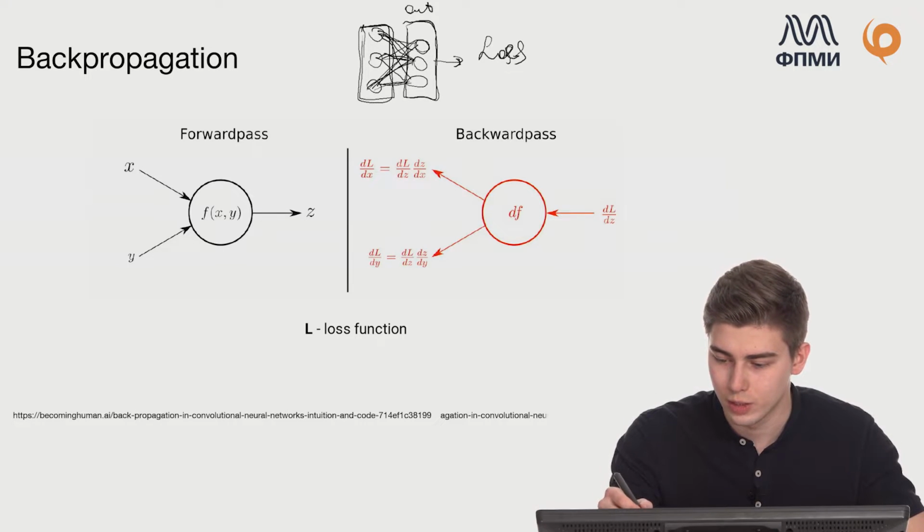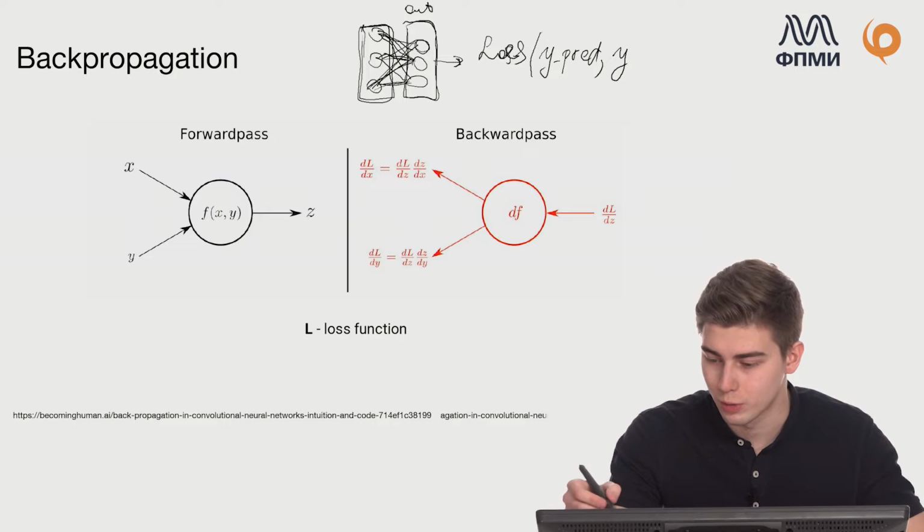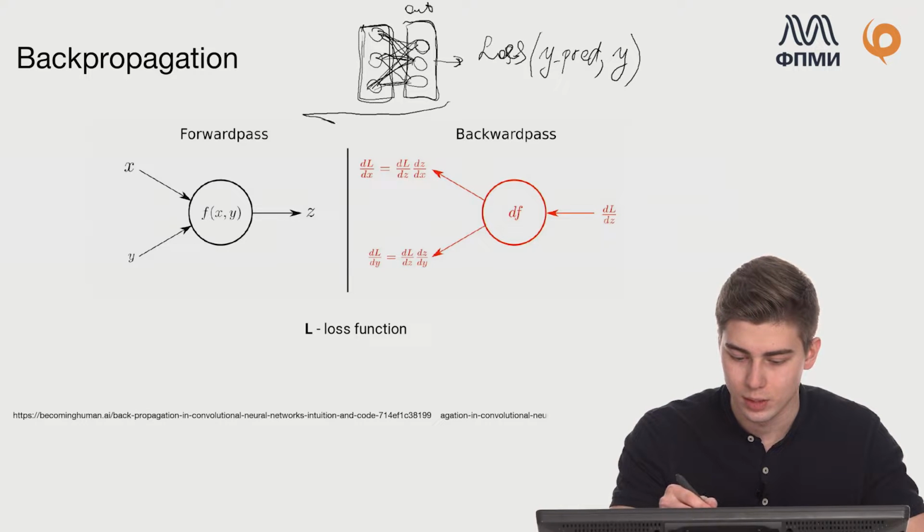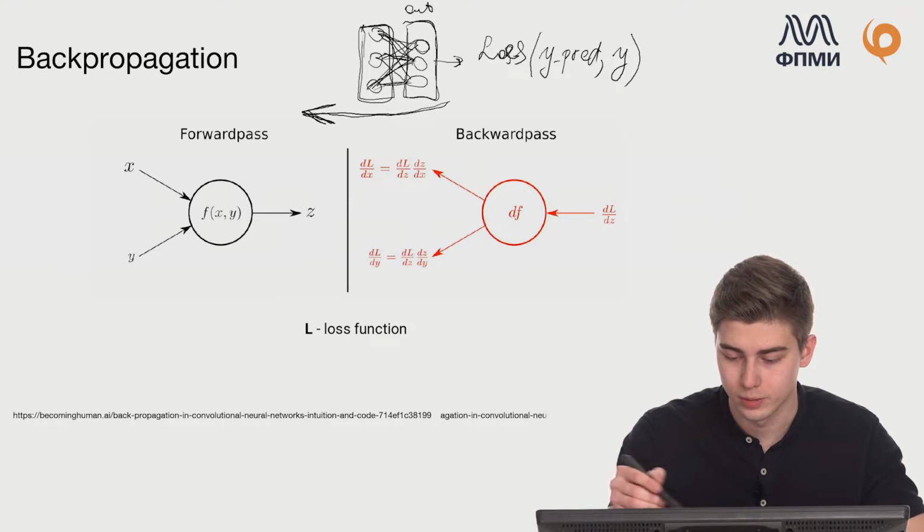Using this function, we can get the error because our network predicted some values, some probabilities of our classes, and we have the true labels, and we will propagate these errors going backward through our neural network.